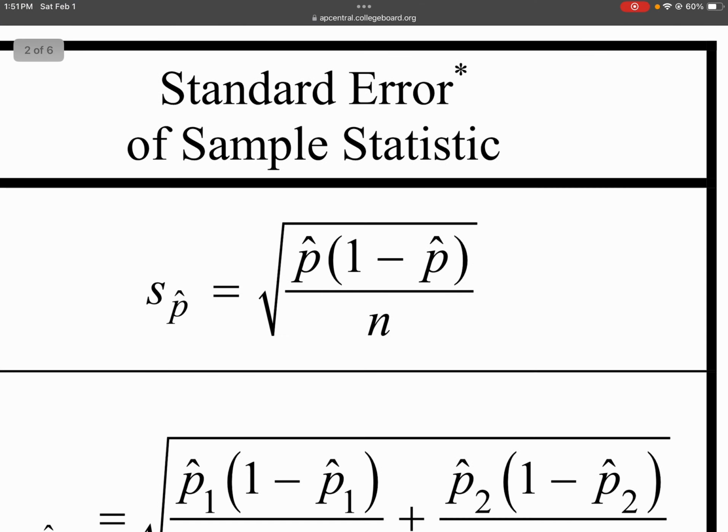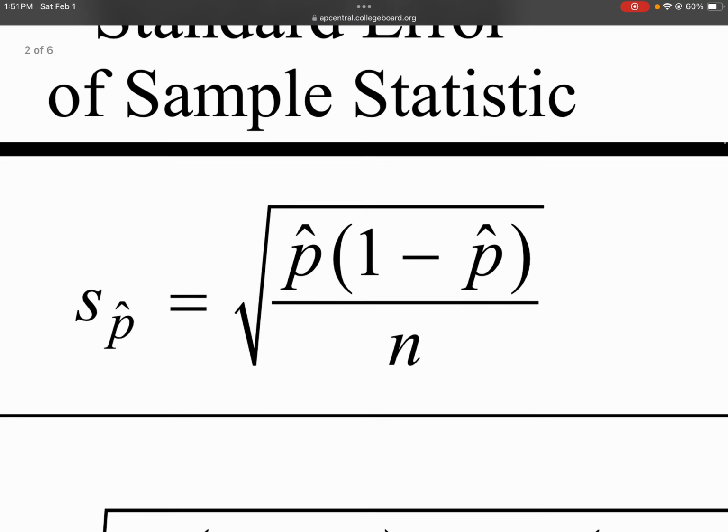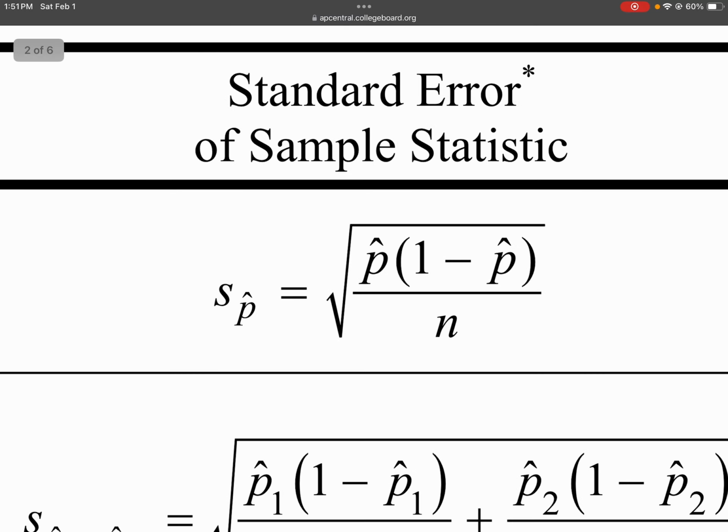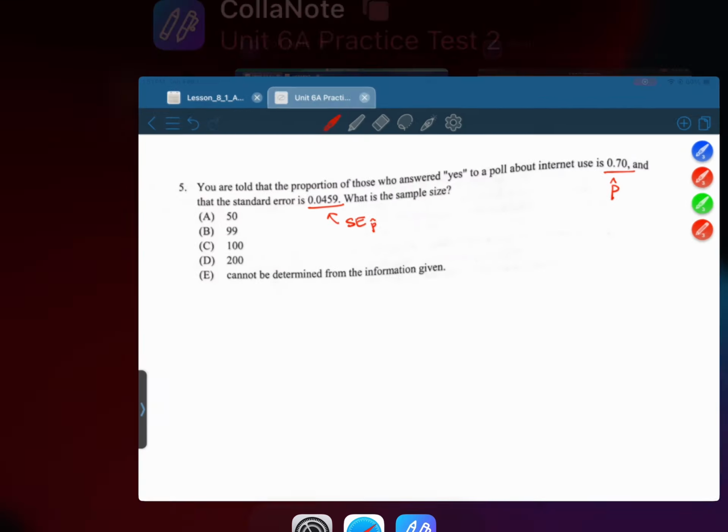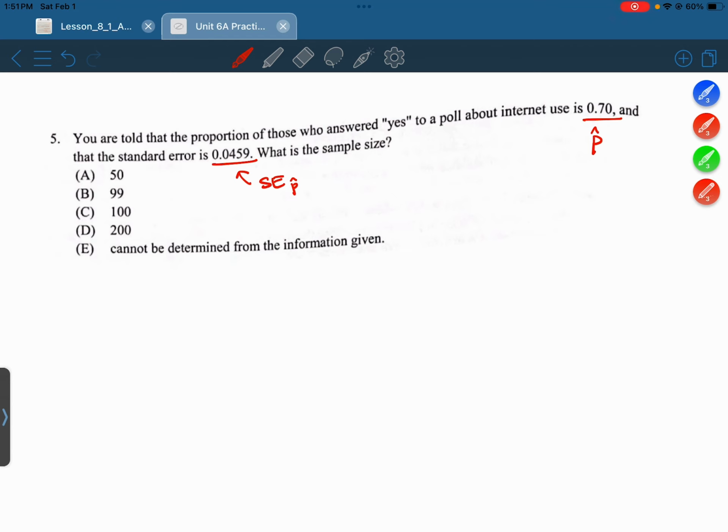And so here's the formula, right? Square root of p hat (1 minus p hat) over n. All right, so let's start with that. Okay. So the standard error for the sample proportion is the square root of p hat (1 minus p hat) over n.